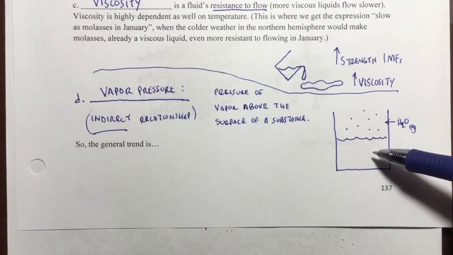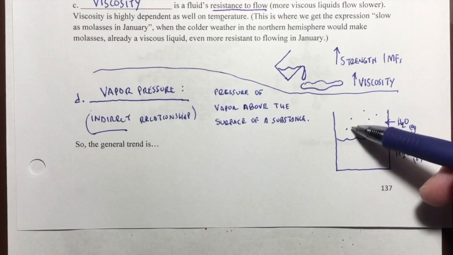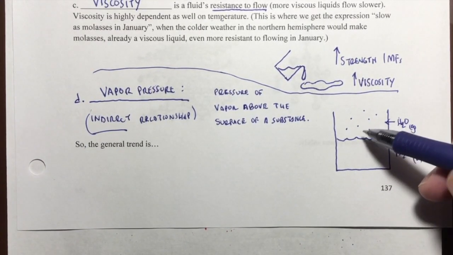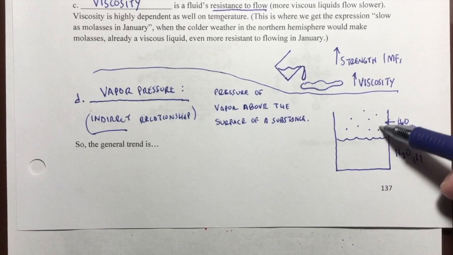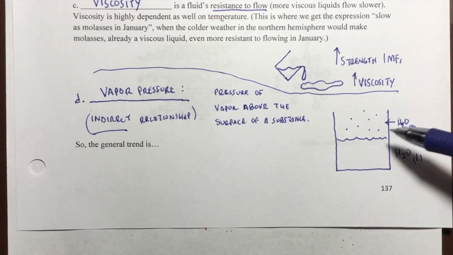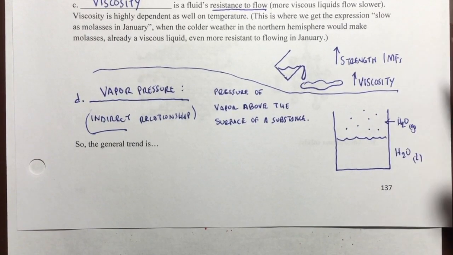So if you take a glass of water, then just above the surface of the liquid in that glass, you are going to have some amount of water vapor. This happens anytime that you get a glass of water. You're going to have a little bit of water vapor just above the surface of that liquid.